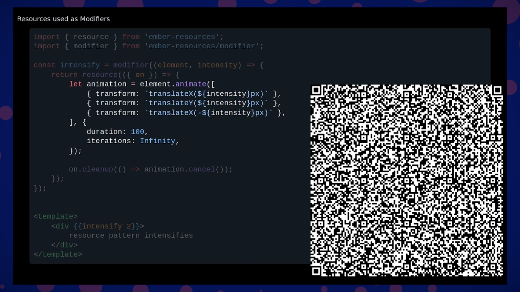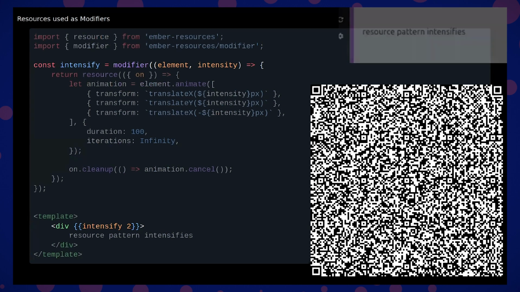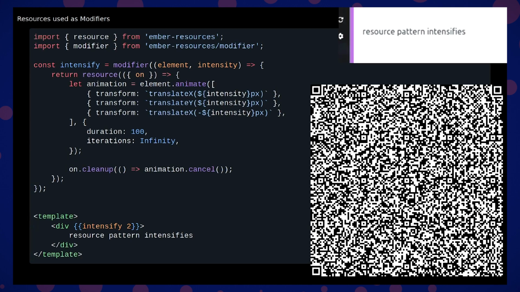The important thing is that this resource is the same as any other resource API. It's only wrapped in a function that receives an element, and then whenever args are passed to the modifier, this is what the animation looks like. Now, for those worried about bundle size, fear not. Ember Resources is a V2 add-on, so if you don't import it, you don't pay for the bytes.